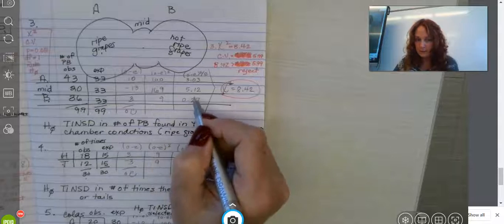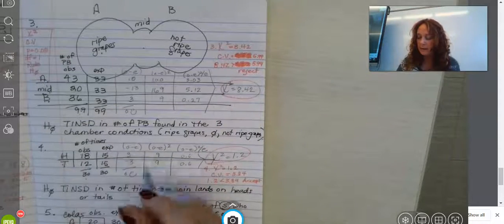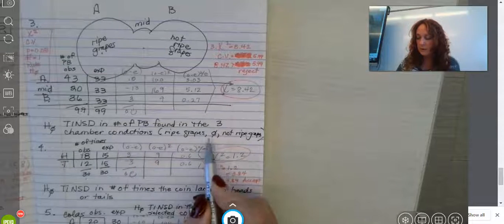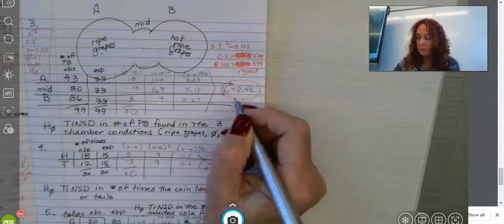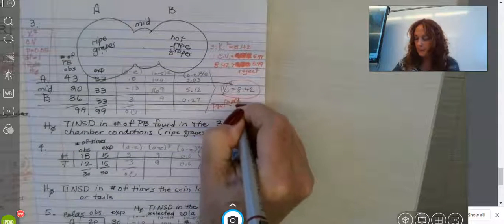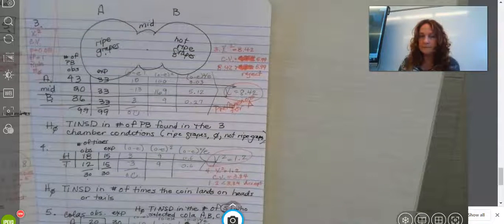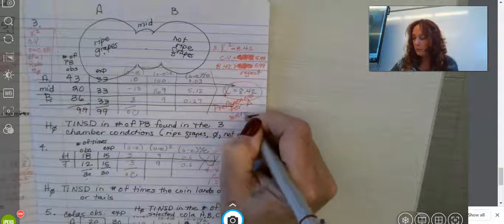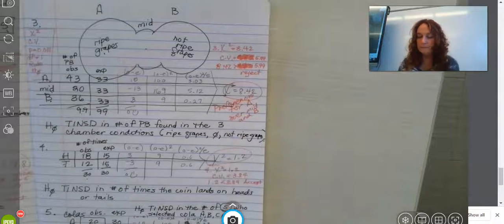They're significant, so I did the math. So I reject that the number of pill bugs are the same. So particularly here, I'm going to put that there is a preference for A, and that's going to be over the middle and B.